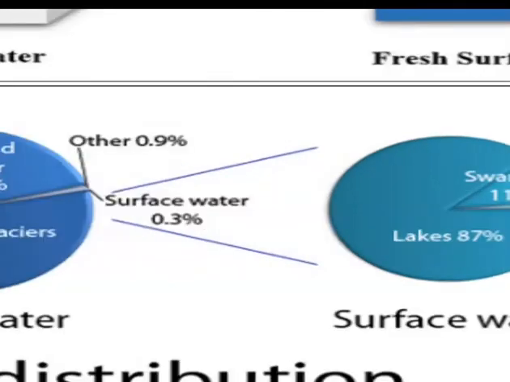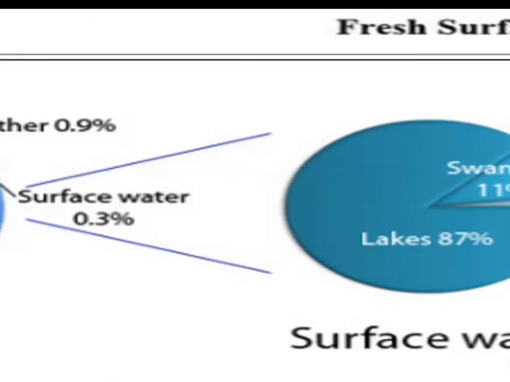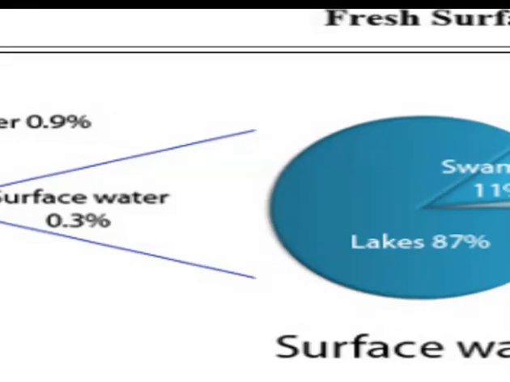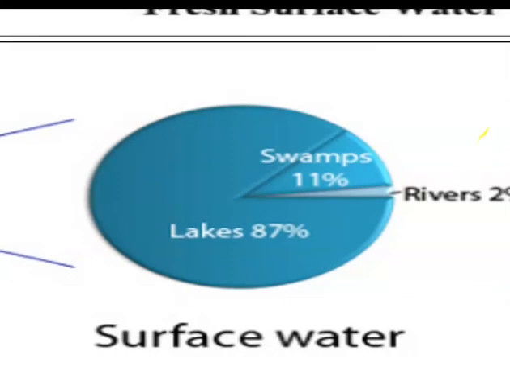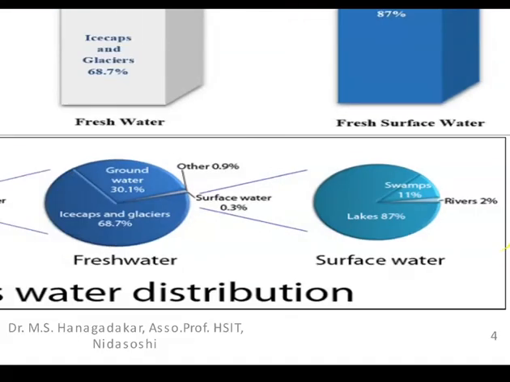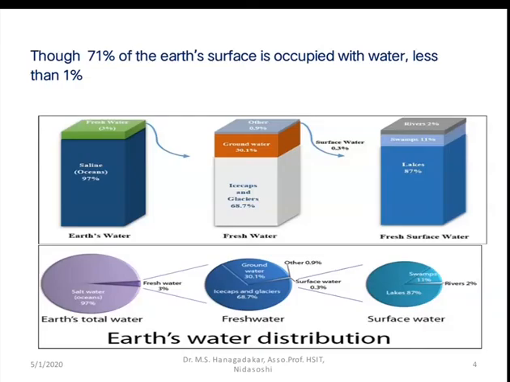Amongst this 0.3% of surface water, lakes account for 87%, swamps around 11%, and river water only 2%. This is how we come to know how water is distributed on the surface of the earth.